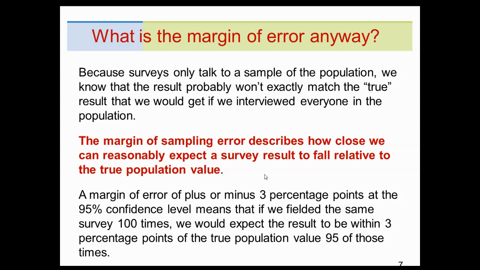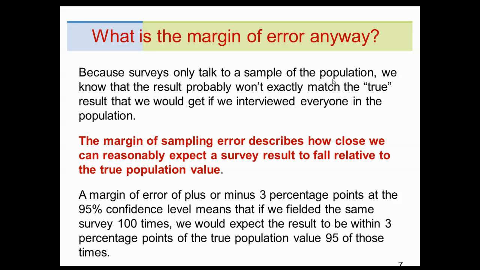We've seen, during the election when we turn on TV, polling, and associated with polling is this idea of margin of error. They say, well, so and so is ahead, margin of error plus or minus 2 or 3 points. It's because surveys only talk to a sample of the population.